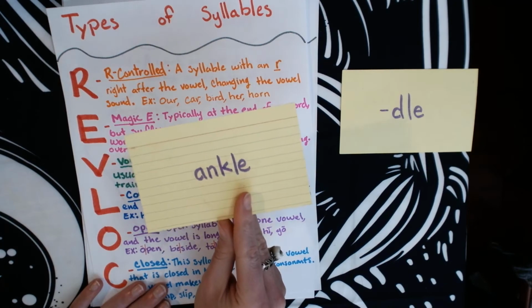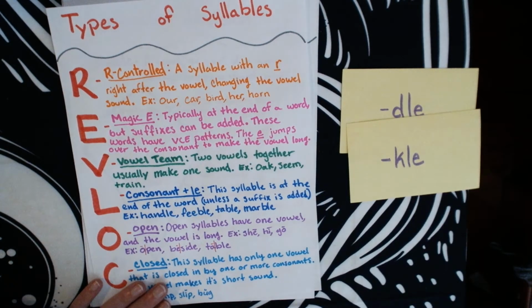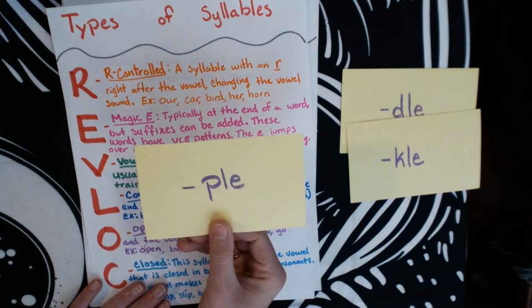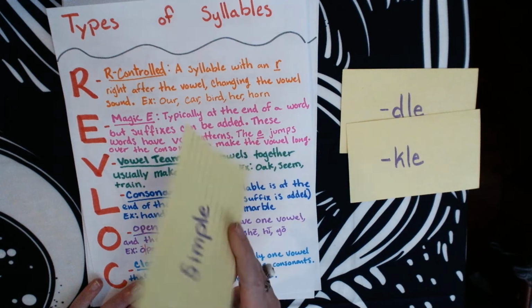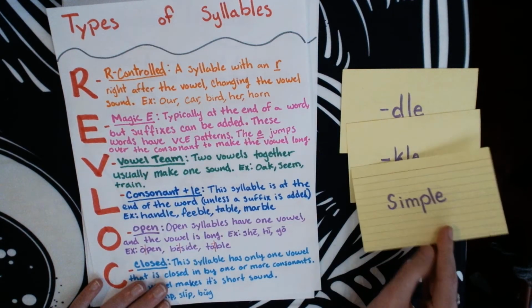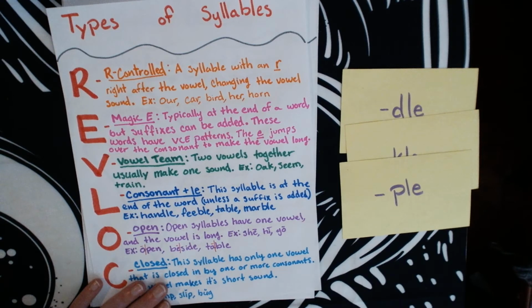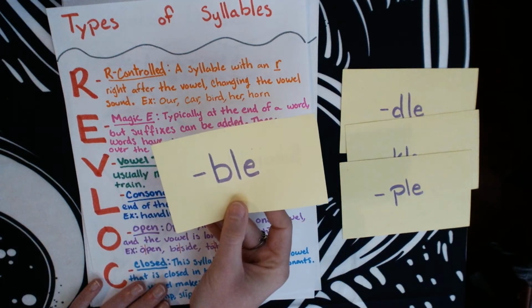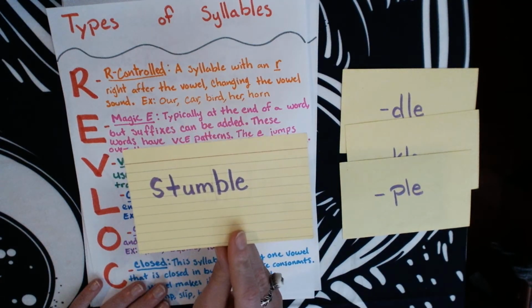KLE says cull, as in ankle. PLE says pull, as in simple. BLE says bull, as in the word stumble.